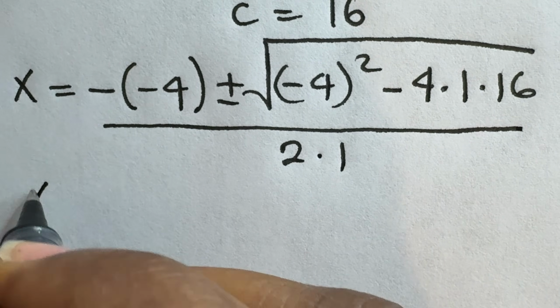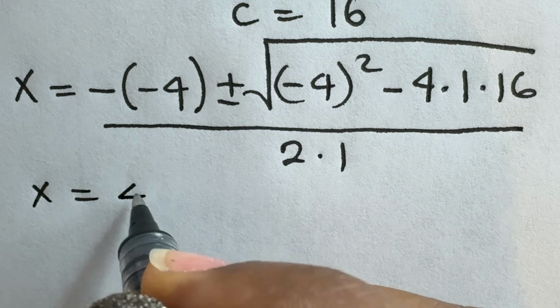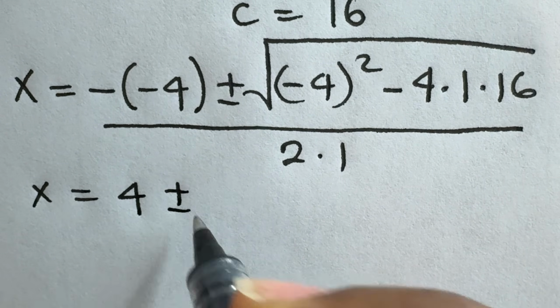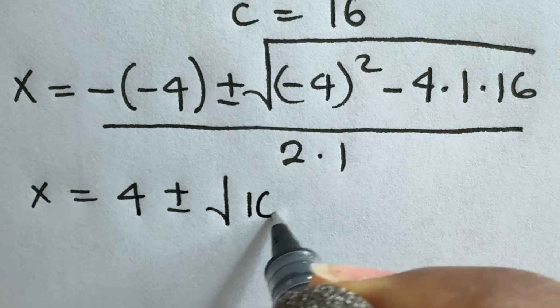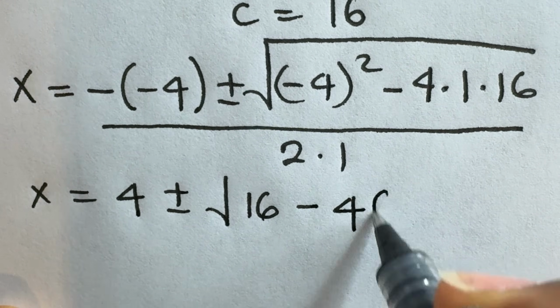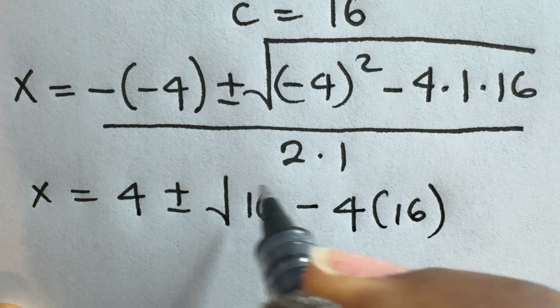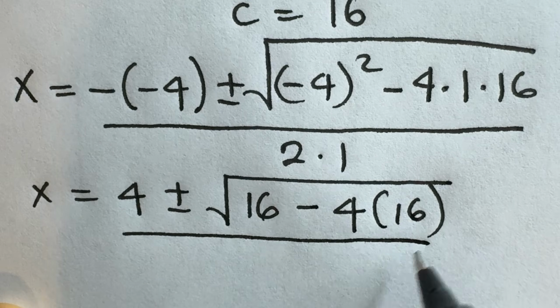This will give us x is equal to minus times minus is plus, so we have positive 4 plus or minus square root of -4 squared is 16. Then minus, this will be 4 times 16, square root of that divided by 2.